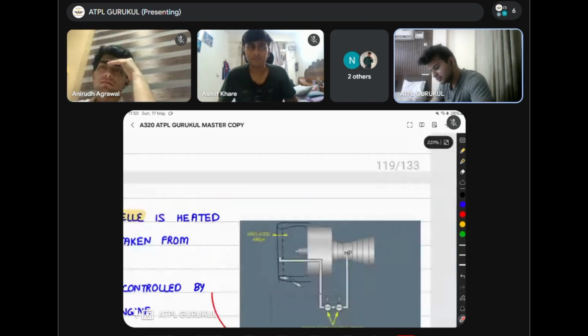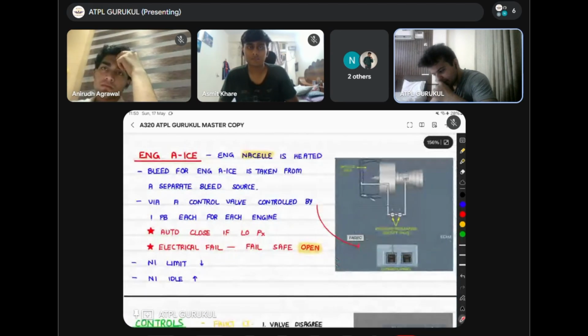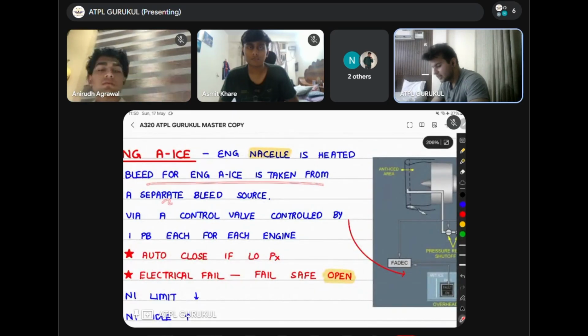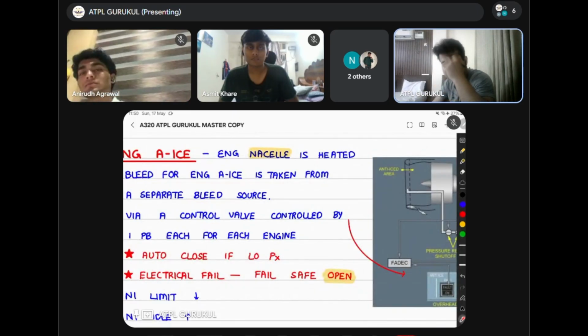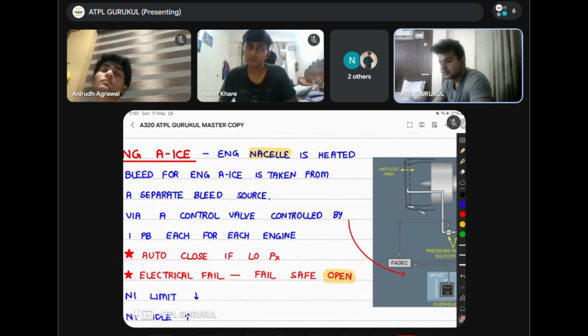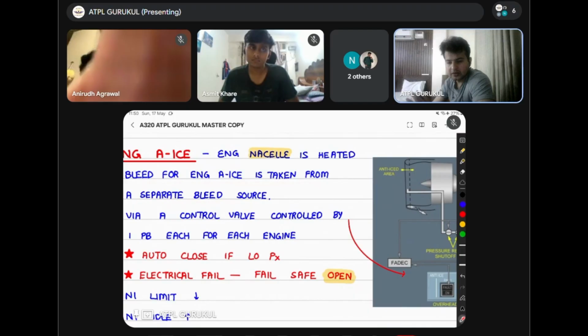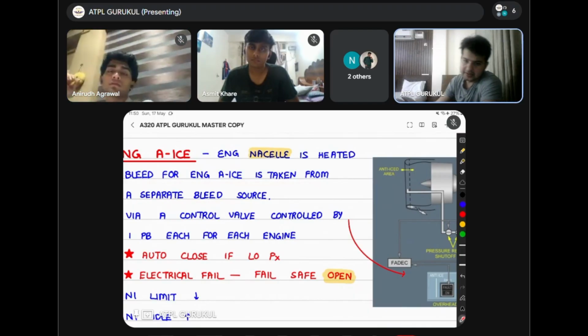Having said that, the engine nacelle is heated. This bleed air is taken from a separate bleed source, not the same bleed air which is supplied to the packs. You know why? We want this bleed source to be completely independent, whether any of your pneumatic air is working or not.